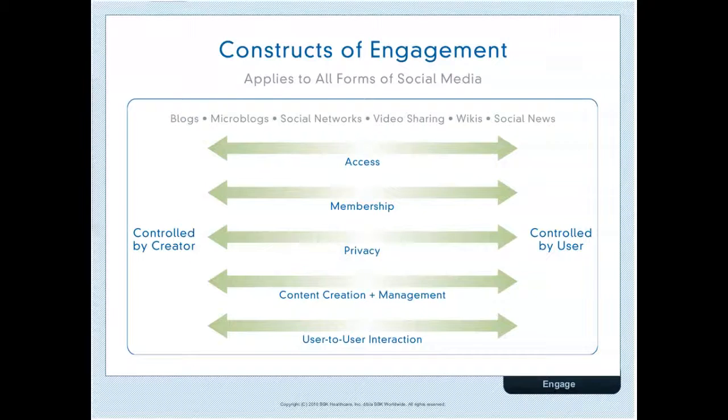Now, when we look at the elements of social media and how they can fall along this scale, membership, access, privacy, content creation, user-to-user interaction, and the creator's ability to modify or change that content. Now, each variable can range from creator-controlled to user-controlled, and the level of control depends on both the creator of the social media platform as well as the user.